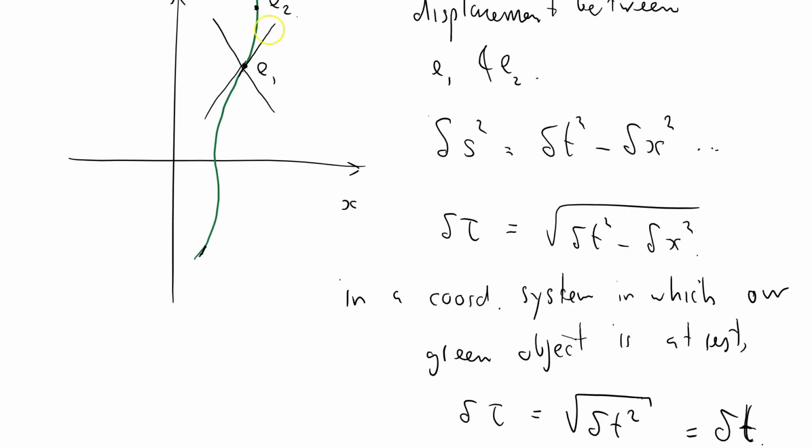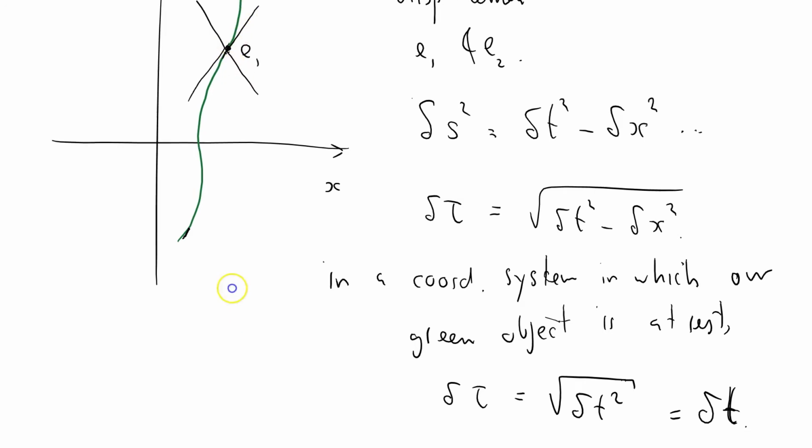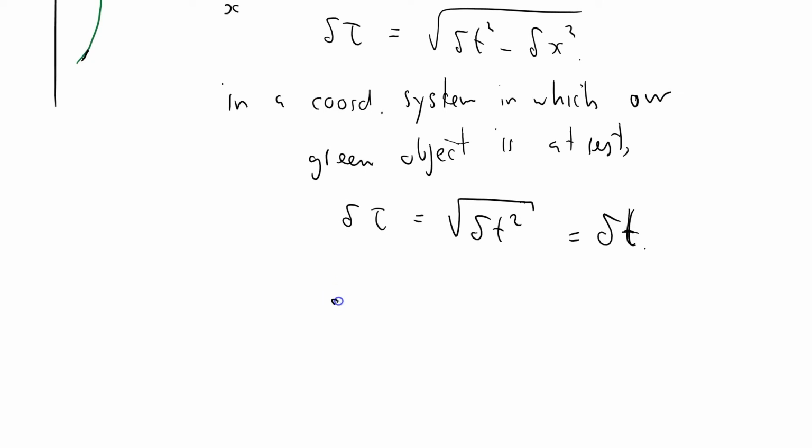So that time there is the time coordinate as used by somebody who's at rest with respect to this particular world line at this particular point here. I know I've drawn it with a little curve here, but that's a second order effect. So delta tau equals the proper time along the green world line.